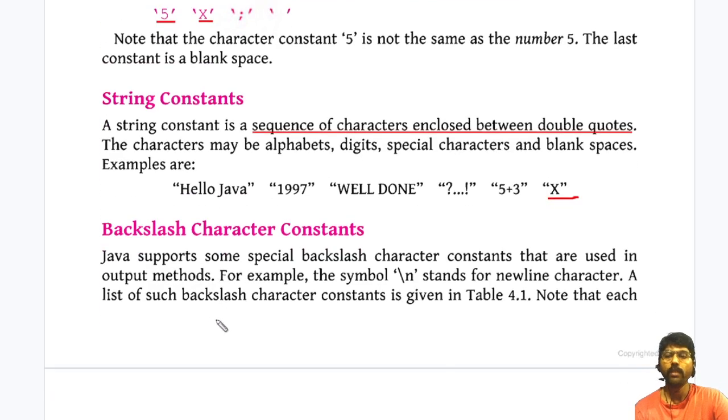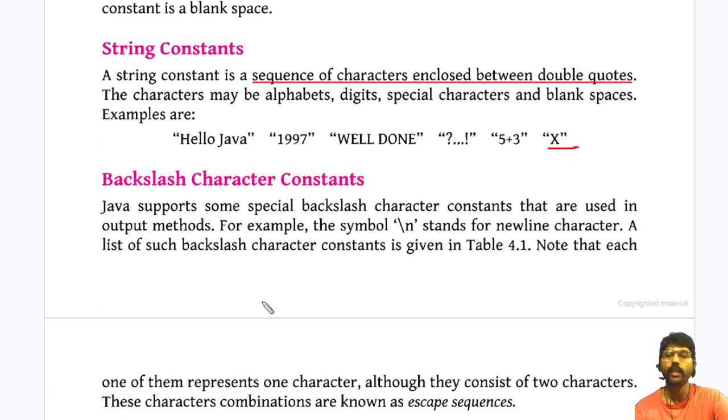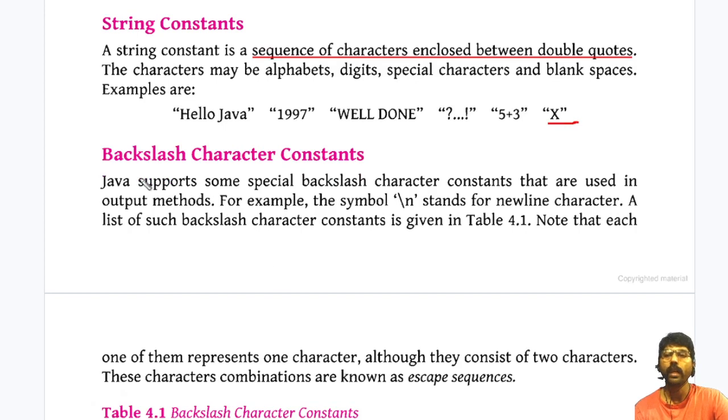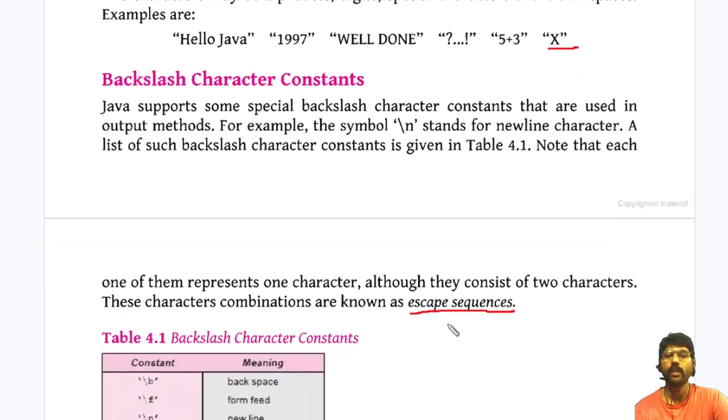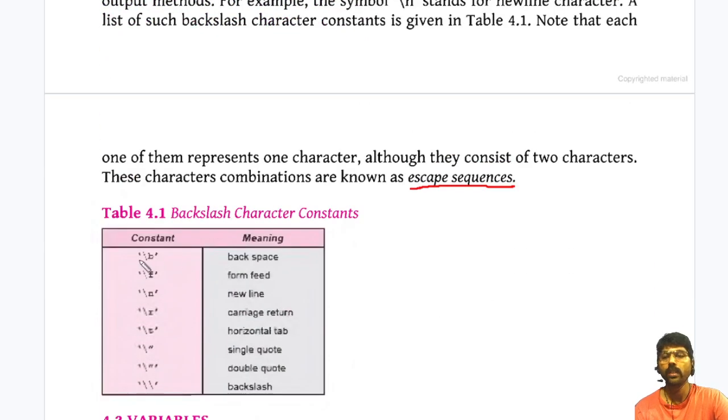Apart from this, we have some more constants called backslash character constants, also called escape sequences. These characters are backslash b or backslash n. Backslash b means backspace. Backslash n means new line.